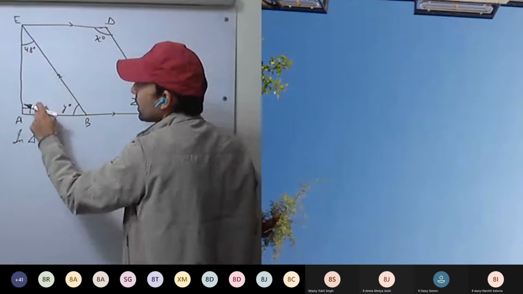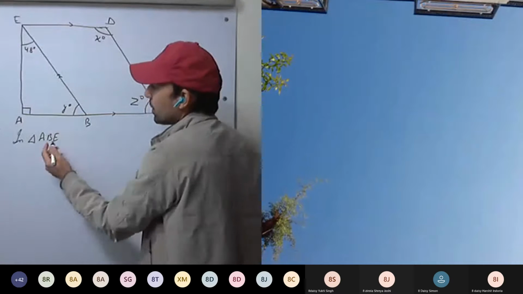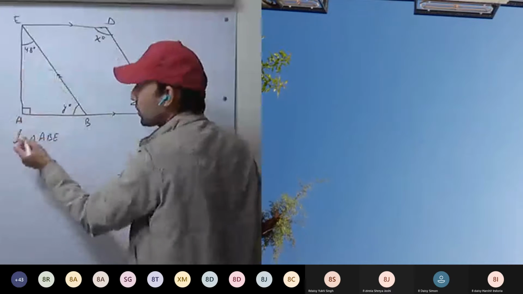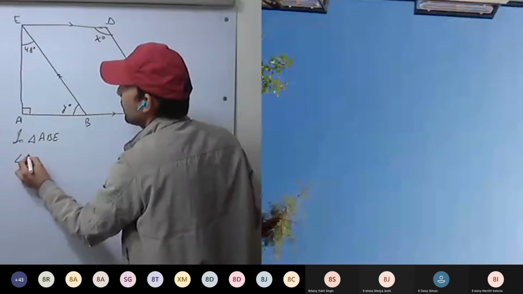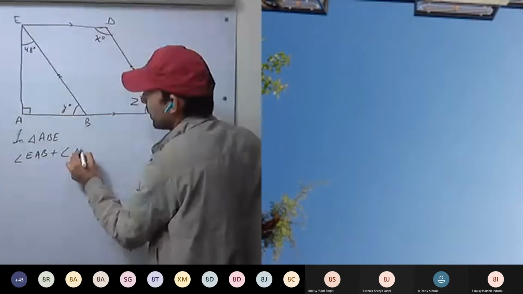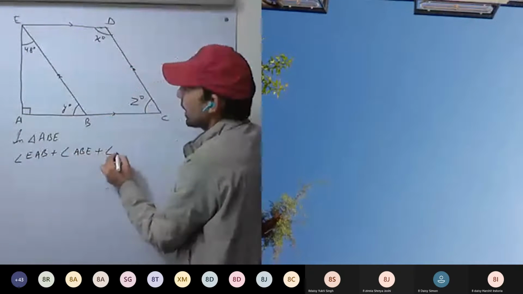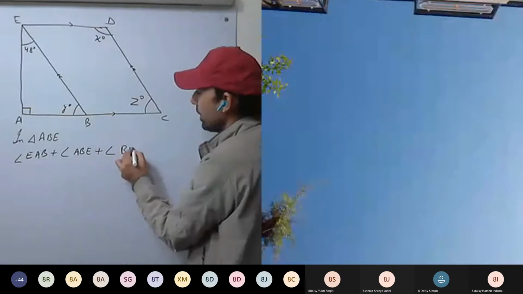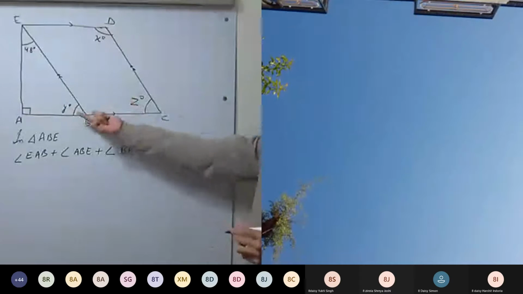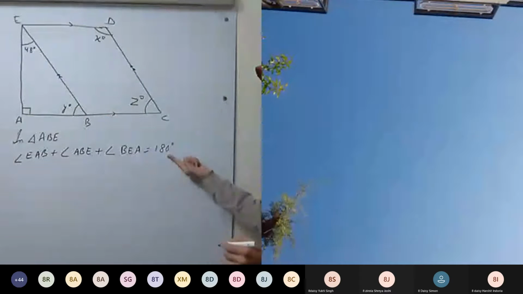And so sum of the interior angles will be how much? You can write the angles as well if you want. Angle EAB plus angle ABE plus angle BEA. It is how much? Sum of the angles of a triangle, 180 degree.